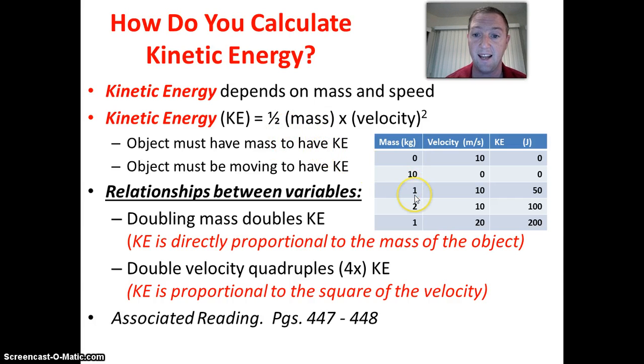If I double my mass, so I go from 1 kilogram to 2 kilograms, see right there? Okay. But my velocity stays the same, both 10 meters a second. What happens to my kinetic energy? It doubles, goes from 50 to 100. So when I double my mass, I also double my kinetic energy if velocity stays the same.